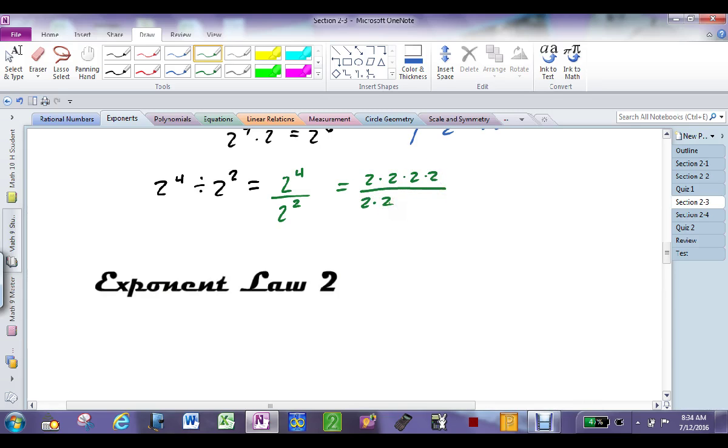2 times 2 times 2 times 2 divided by 2 times 2. Yeah? Okay. What do you get to do whenever you see the same number in the numerator and the denominator? Divide it. What's 2 divided by 2? 1. So this is going to be 1 times all this, yes?